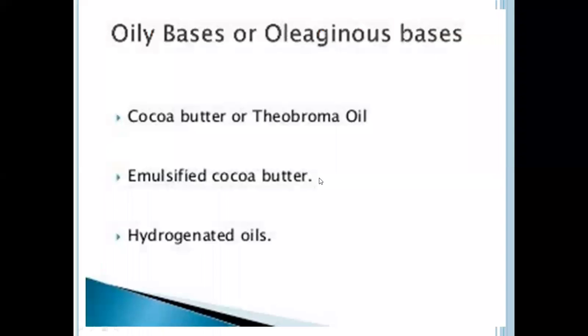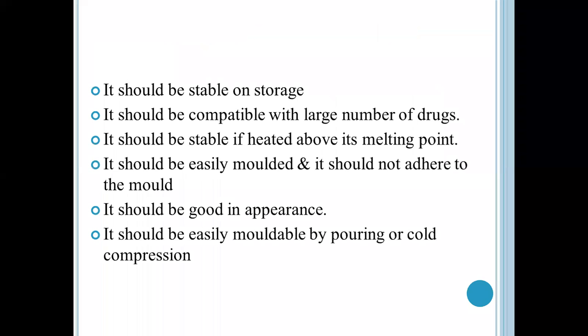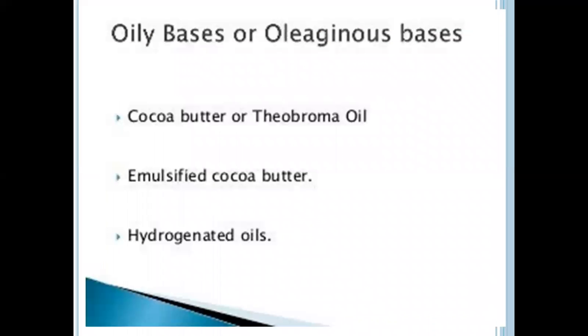That's why for urethral suppositories or other suppositories like ear cones, we say they are usually prepared using theobroma oil. These are the best oily or oleaginous bases, in which hydrogenated oil and emulsified cocoa butter are used. Do you know cocoa butter? Yes, ma'am. Does it melt? Yes, ma'am. So as per the definition, these preparations are semi-solid because they get melted.